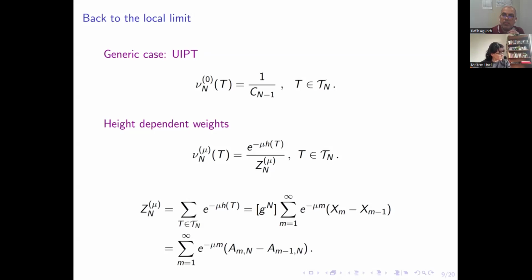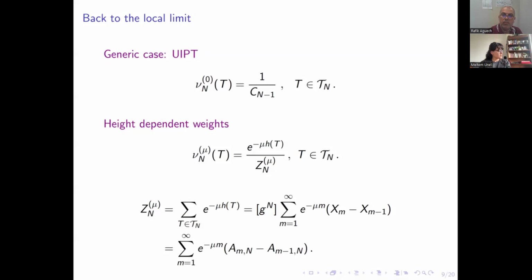Actually, it depends. We have an ongoing work about the different cases when mu tends to 0 or to infinity.